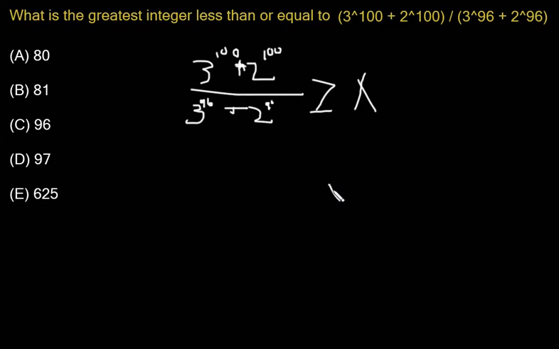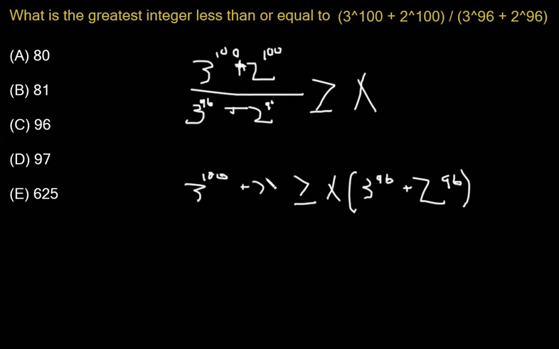So we have x times 3 to the 96th power plus 2 to the 96th power is less than or equal to 3 to the 100th power plus 2 to the 100th power. All right, so we have that. Okay, now let's start distributing things here.